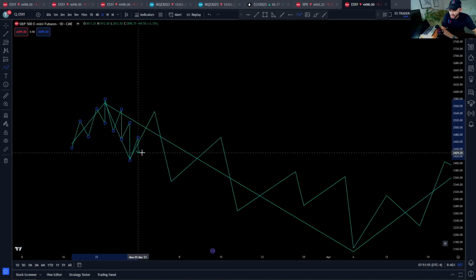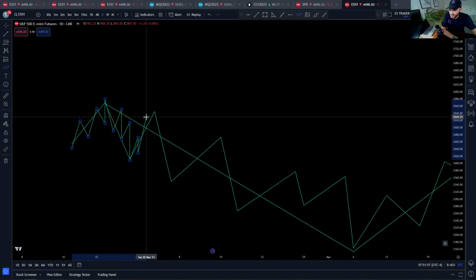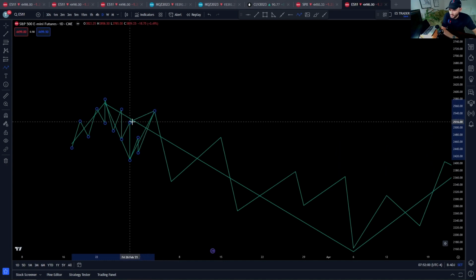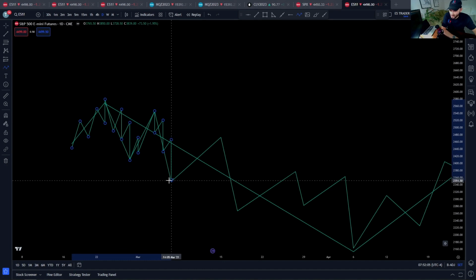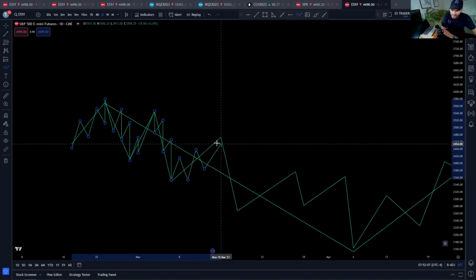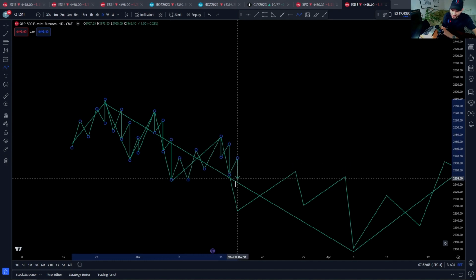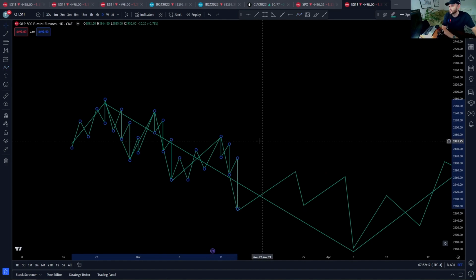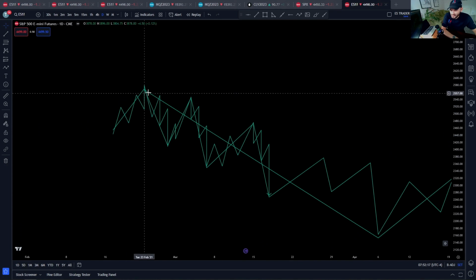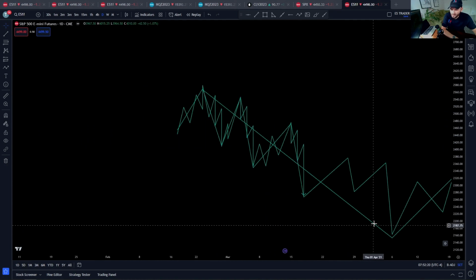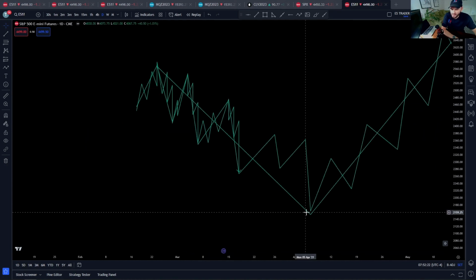We then have a change in the state of delivery where we have the market structure shift. And then we'll have the same on the high, change in the state of delivery, market structure shift, and so on and so forth. And we have these subordinate swings to the subordinate swing to the subordinate swing. But all of this is subordinate to the higher time frame parent swing, which is bullish.